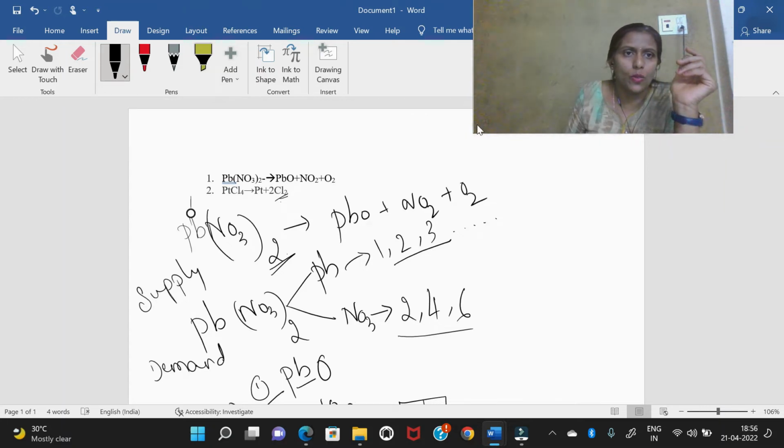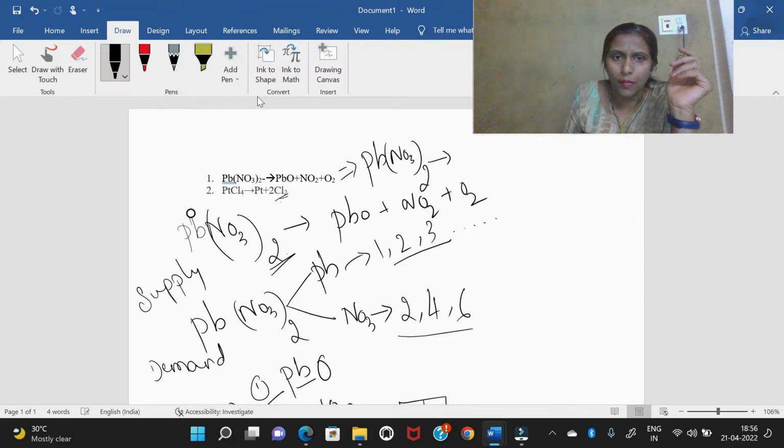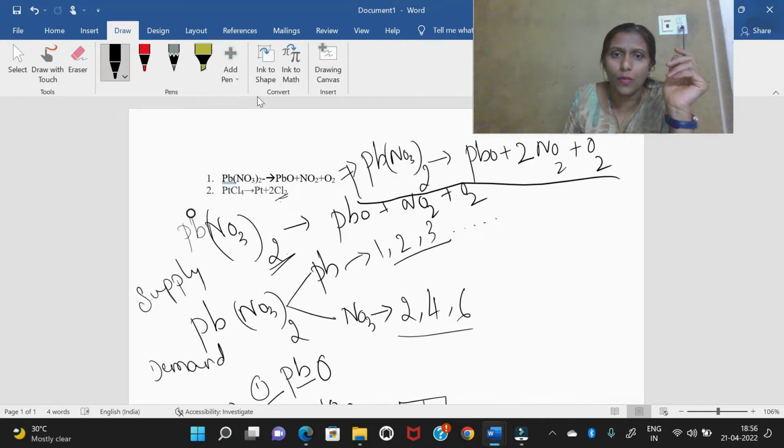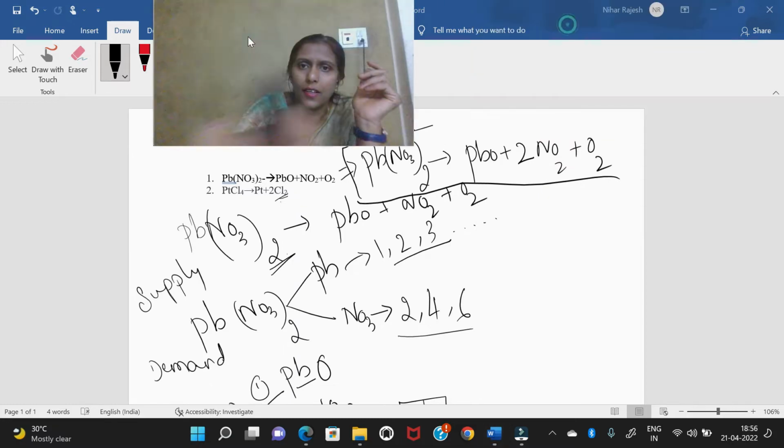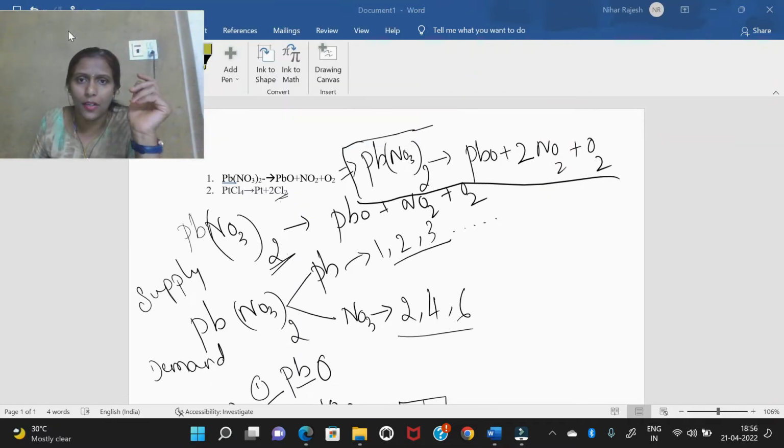So, if that's the case, I will take it like Pb(NO3)2 giving me PbO plus 2NO2 plus O2. That's all is required. The underlined one, the one which is marked, is your balanced chemical equation. Don't get confused. Alright. This is the balanced chemical equation.